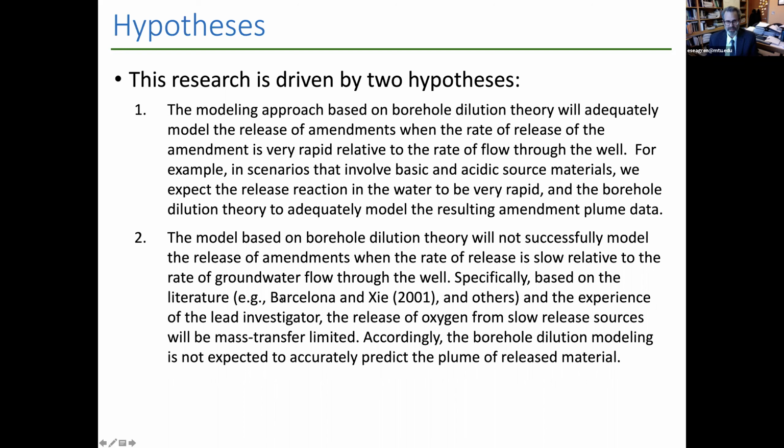Some research in the literature by Barcelona and coworkers, and some experience I had on sabbatical in Germany, suggests that the release of oxygen from these slow release compounds is mass transfer limited. And so we hypothesized that the borehole dilution modeling might not accurately predict the plume in that case, where the reaction might be limiting the process, not the physics of flow through the well.